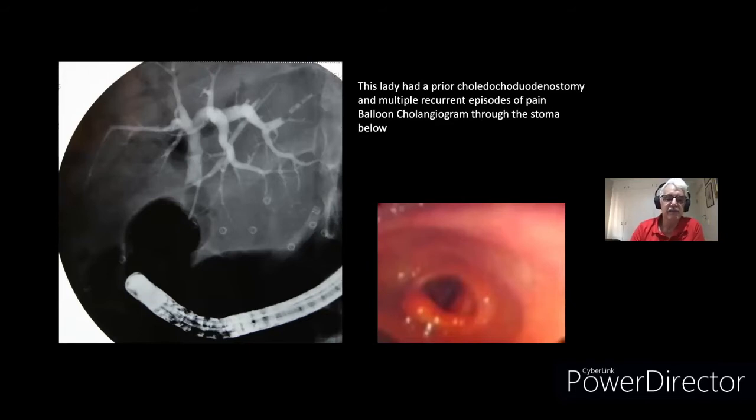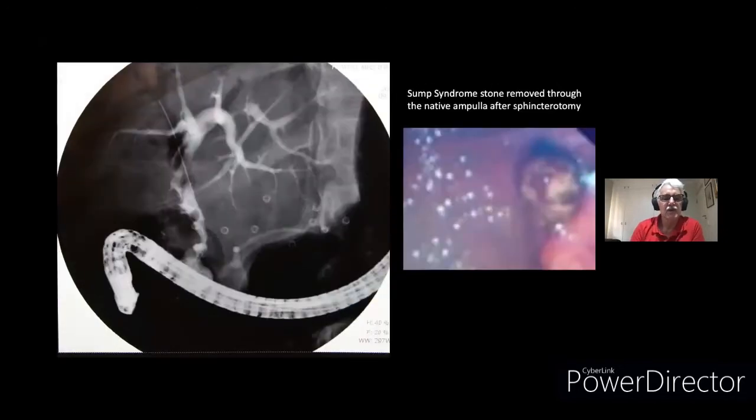And of course, this was freely draining. And it didn't really explain this lady's symptoms because she was having recurrent bouts of fevers and chills. What in actual fact had happened was that she had stones in the distal part of the bile duct, so-called sump syndrome, a bit like the U-bend in the toilet. That's where all the bad things can hide.